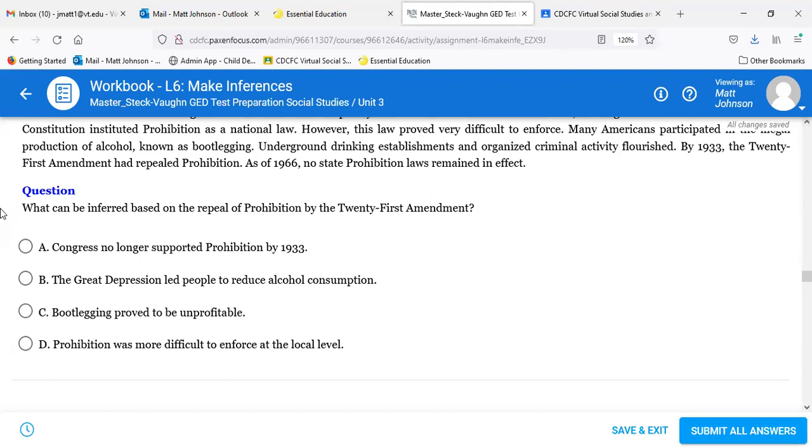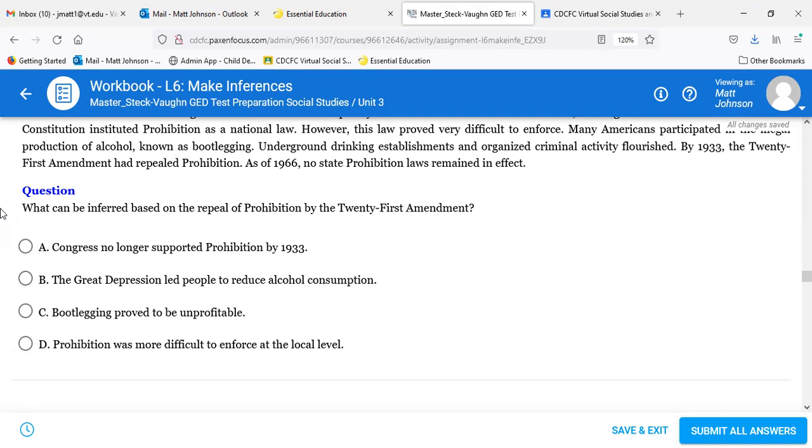So number 7, Grace, you want to read number 7? Okay. What can be inferred based on the repeal of prohibition by the 21st Amendment? A, Congress no longer supported prohibition by 1933.